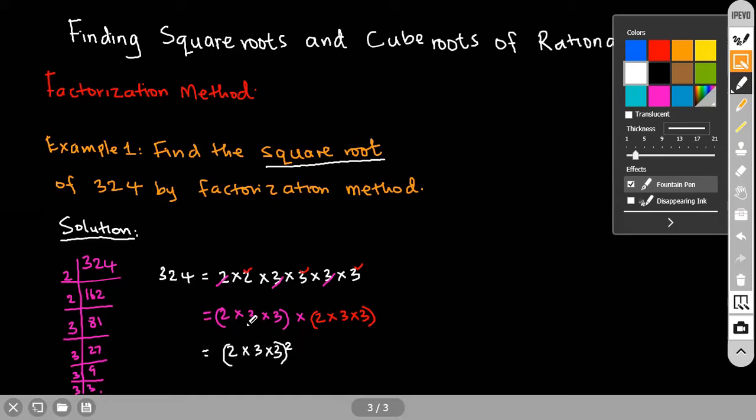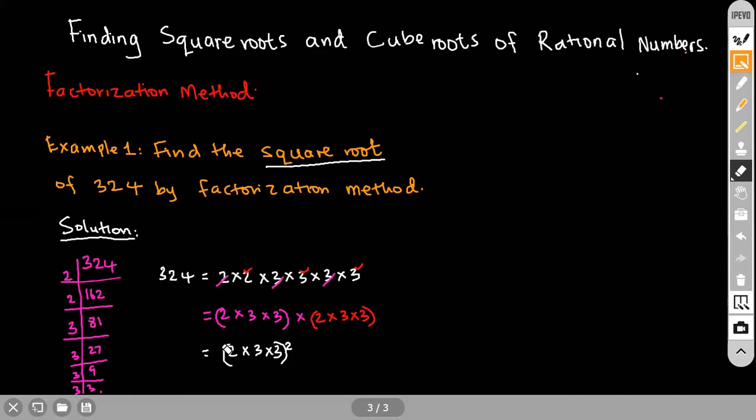Or to make it so clear, we can say that actually we are having 2 times 3, that is 6, and 6 times 3, that is 18. So we are having 18 squared. So this means that 324 is equal to 18 squared.